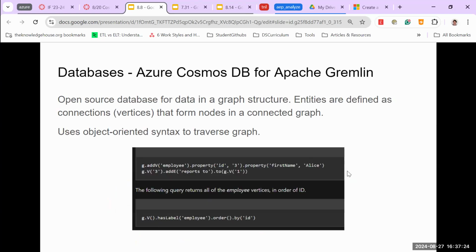All right. And lastly, we have something called Apache Gremlin. Now, we use Apache Gremlin for something called a graph database. And instead of modeling entities and events in rows, we instead model them in this mathematical structure called a graph.